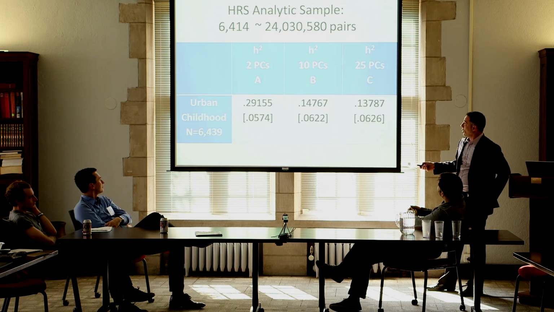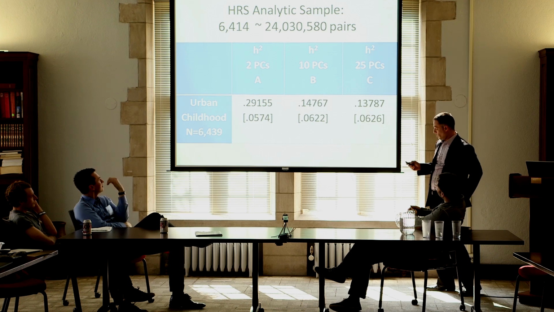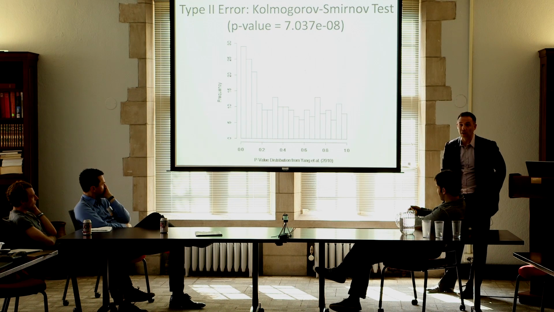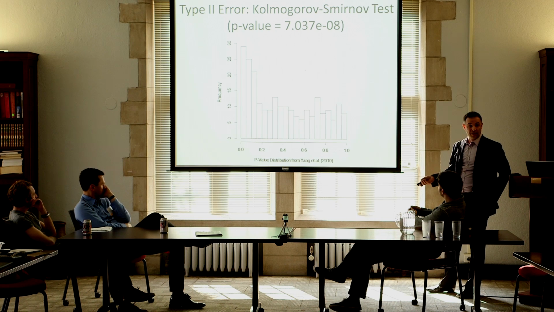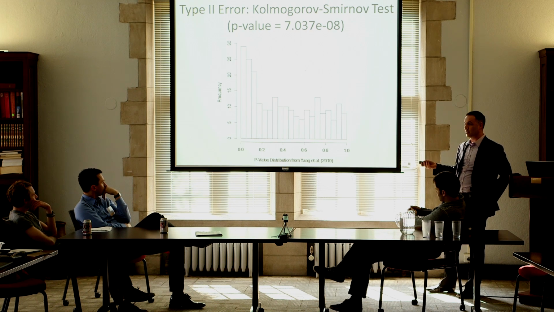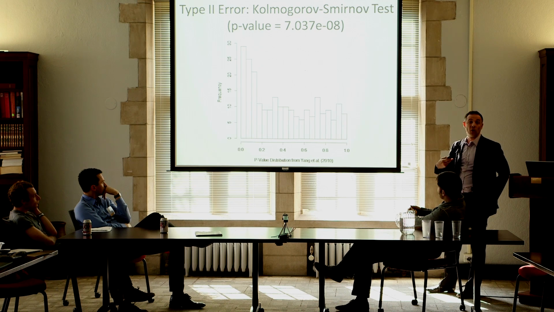So I try a different approach, which is I use the HRS to look at something that, if this assumption holds true, should display no heritability and have no genetic basis, and that is something about your own childhood environment, the decisions of your parents.